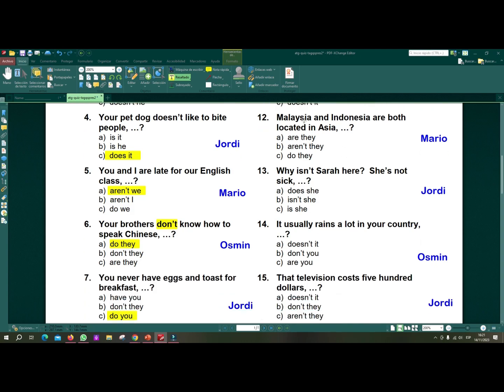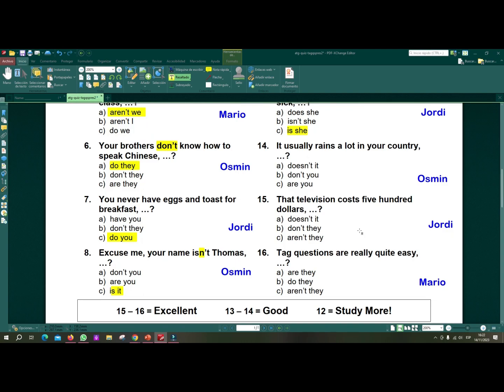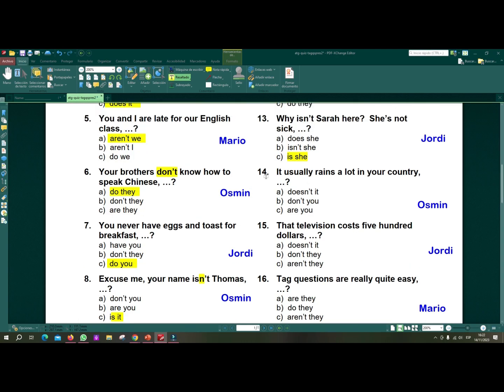Are they, teacher? Malaysia and Indonesia are both located in Asia. So, aren't they? Because here you have are. Nice. Mr. Jordi, 13. Why isn't Sarah here? She's not sick, is she? Letter C. Nice. Perfect. Is she? Nice. And Mr. Amin, 14.